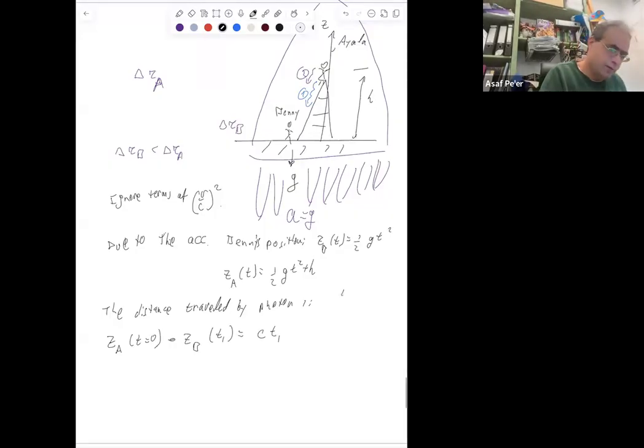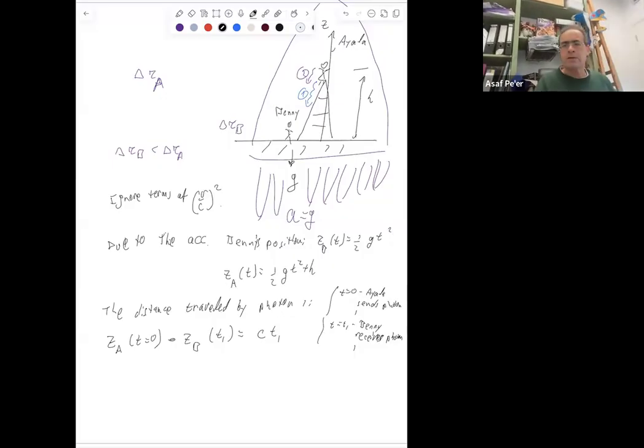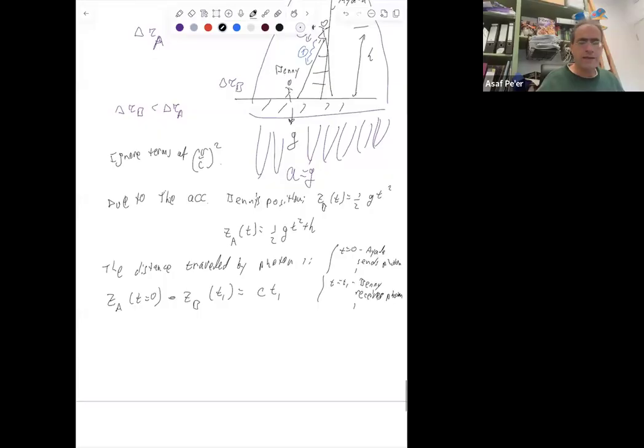So at t equal to 0, Ayala sends photon 1. At t equal t1, Benny receives photon 1. So what is Z Ayala at t equal to 0?